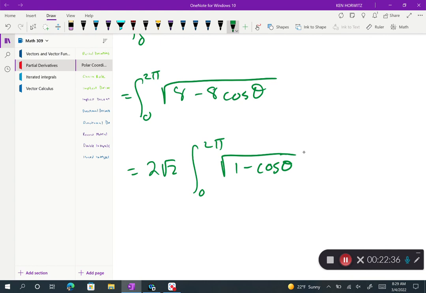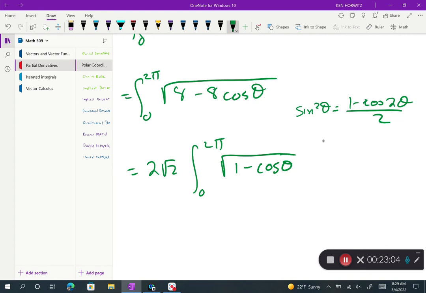Now, if I were to use sine squared theta equals 1 minus cosine 2 theta over 2. All right, well, let's think about this for a second. I have 1 minus cosine theta.